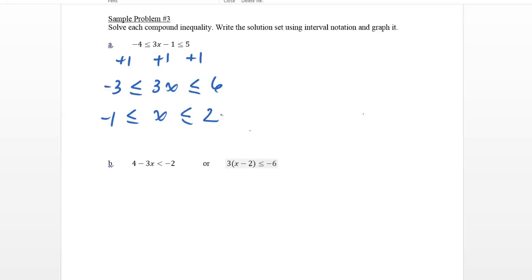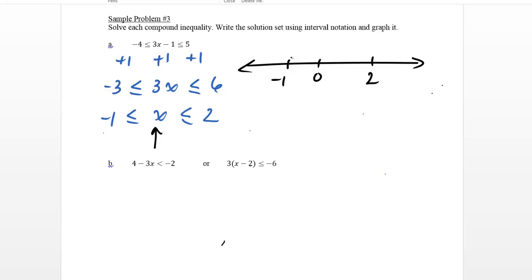And so I have this compound inequality that's simplified. It's an "and" statement. You can really look at this part here and see that x is between negative 1 and 2, and that can really help me graph this. I'm not going to get super involved with my graph here, but that's basically telling me it's all the values in between negative 1 and positive 2.